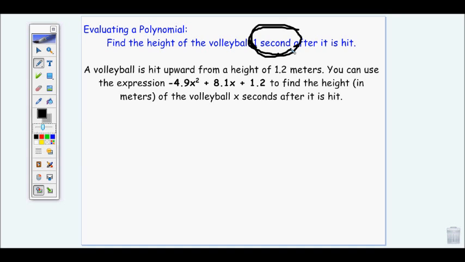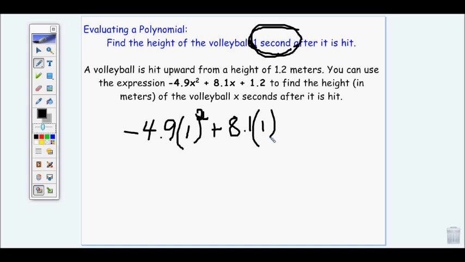So we have a negative 4.9 times 1, which is squared. My x is squared, so now my 1 is squared, plus 8.1, and that's also times 1.